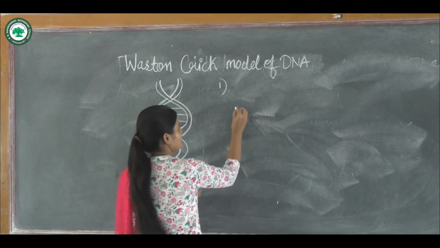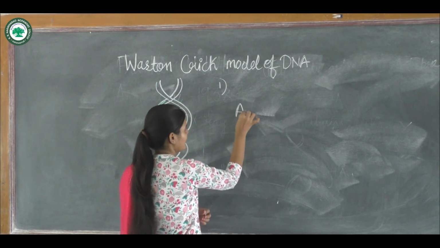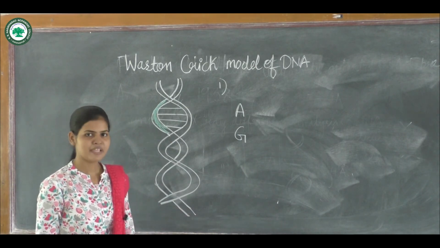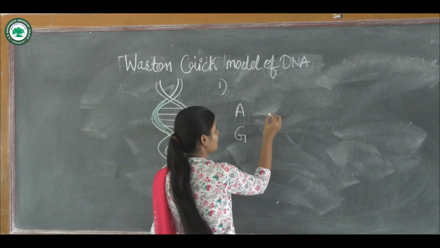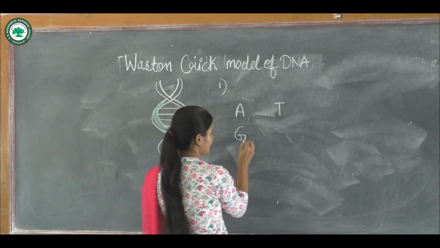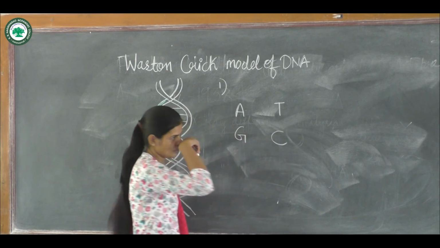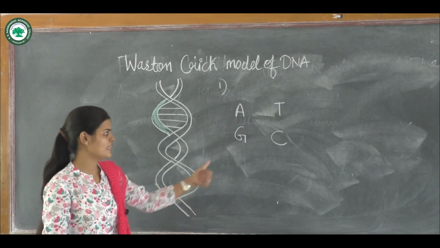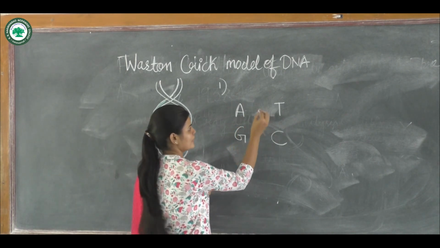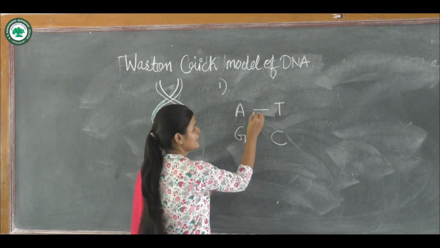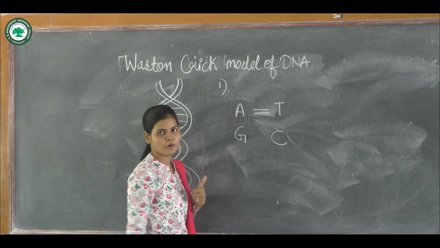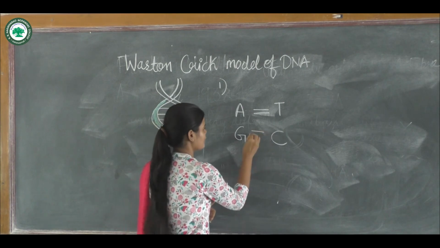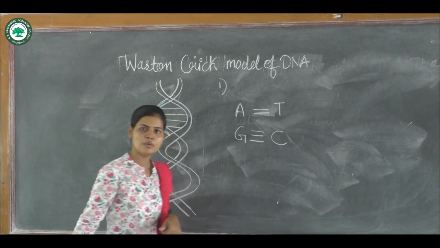Suppose purine, that is A and G, will pair with pyrimidine: A will pair with T and G will pair with C. A pairing with T has two bonds, and G pairing with C has three bonds.